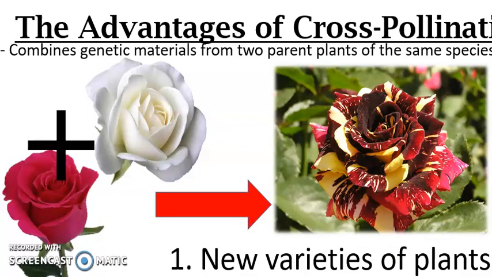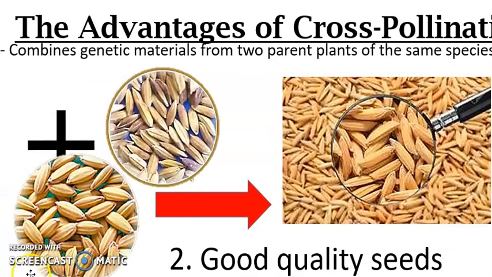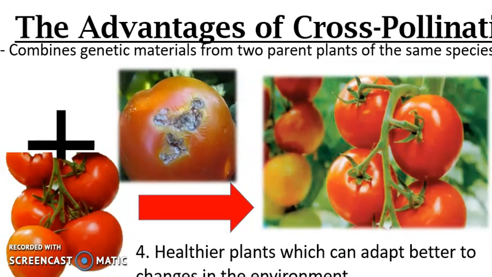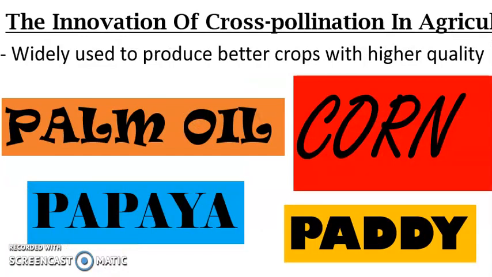So the advantages of cross-pollination: the first one is to have new varieties of plants, good quality seeds, more resistant to pests and disease, and healthier plants which can adapt better to changes in the environment. Okay, so innovation of cross-pollination in agriculture.